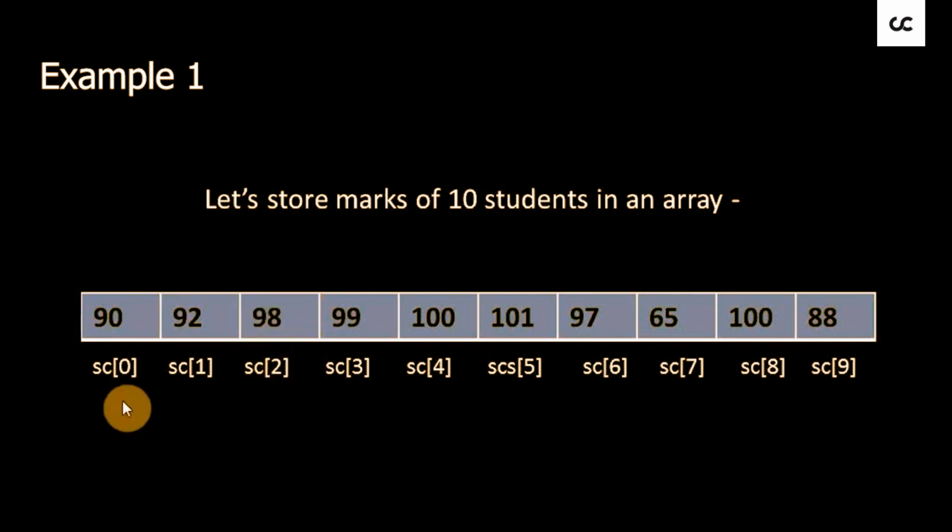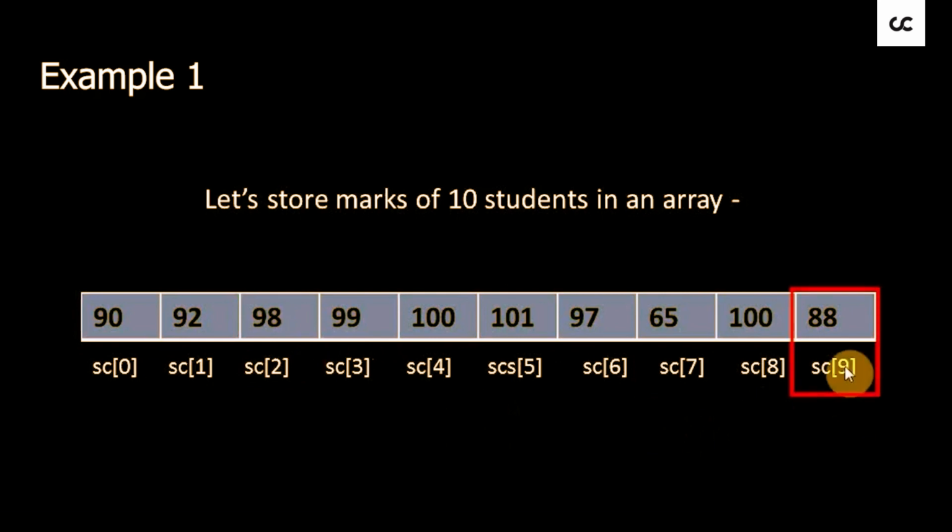What I can derive from this diagram is, SC square bracket 0 pertains to the score of the first student, right? SC square bracket 1 is indicative of the score of the second student. SC2, the score of the third student, which is 98.